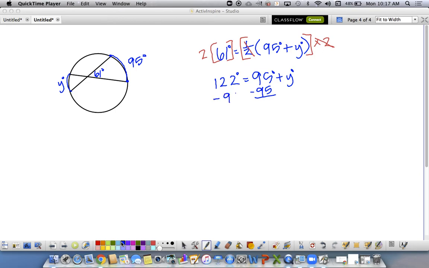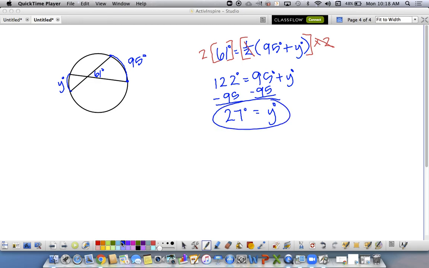We can just subtract 95 degrees from both sides. When you subtract 95 from 122, I believe you get 27 degrees. Is that correct? I think it is 27 degrees. So y would be 27 degrees.